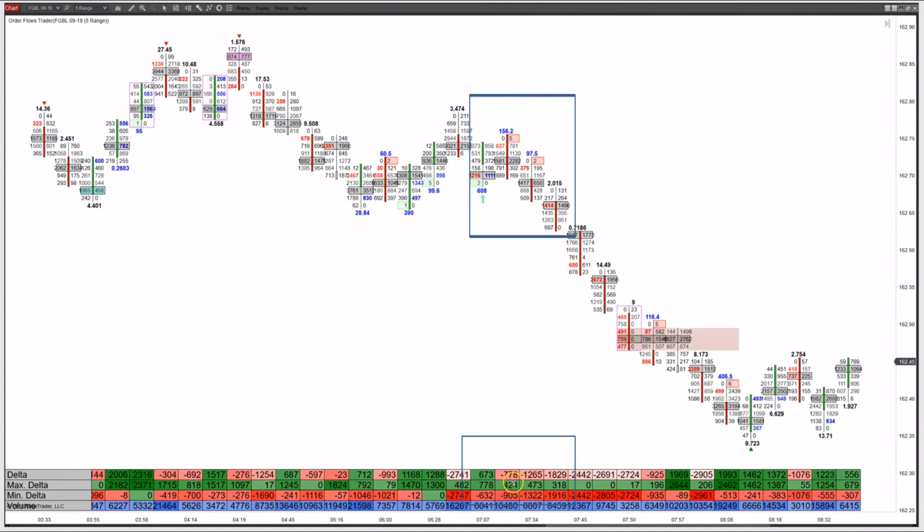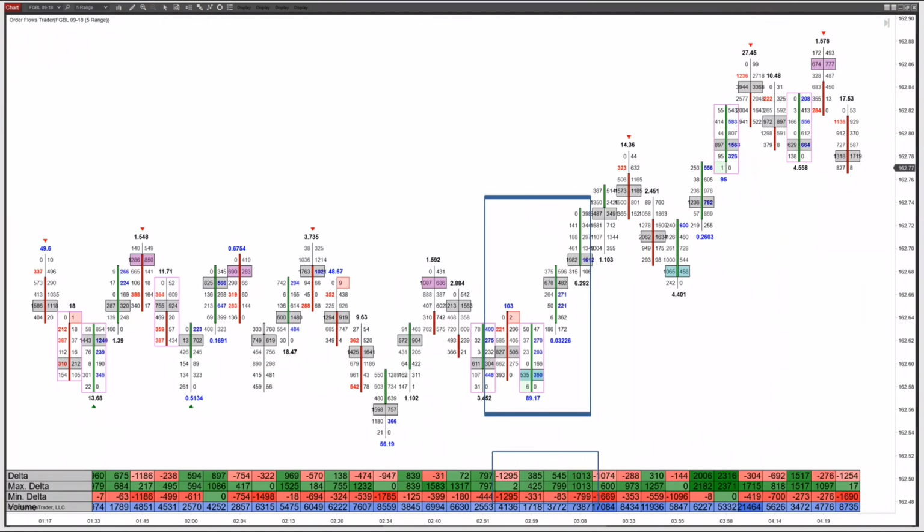You can see it even on the delta: minus 778, minus 1265, minus 1829, minus 2442, minus 2691, minus 2724. That one's very, very obvious, but you could pick it up a lot earlier up in here, as the distribution is taking place.